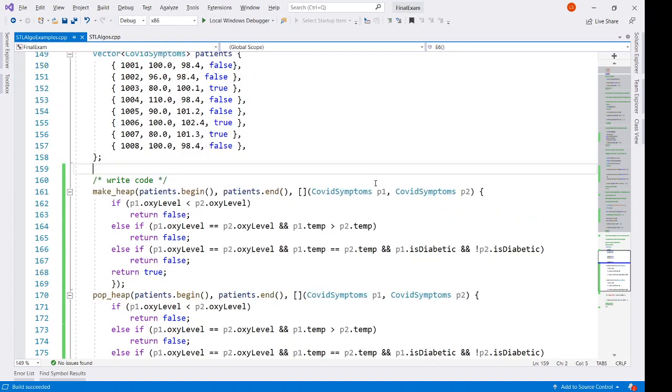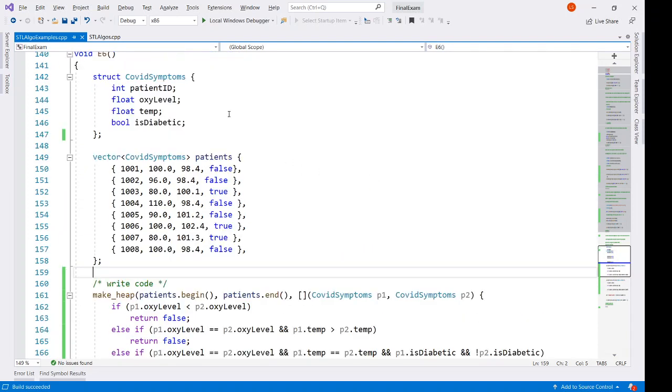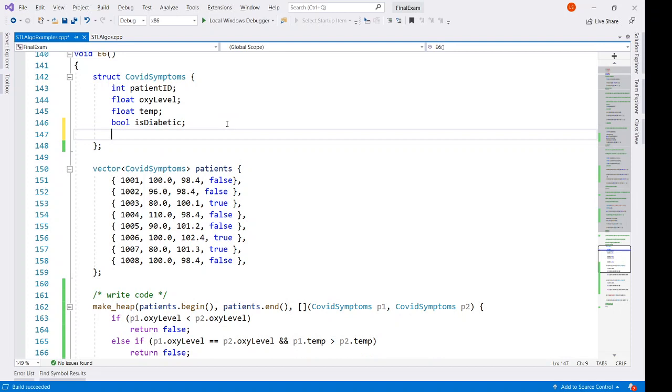We can create a functor object, we can create a separate function, as well as we can override the COVID symptoms with the function call operator, to make it itself a functor, right? So let me copy that code from my notes so that we can do it quickly. The rest of the predicate will remain the same.